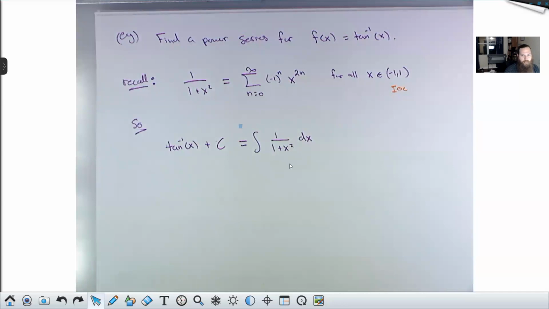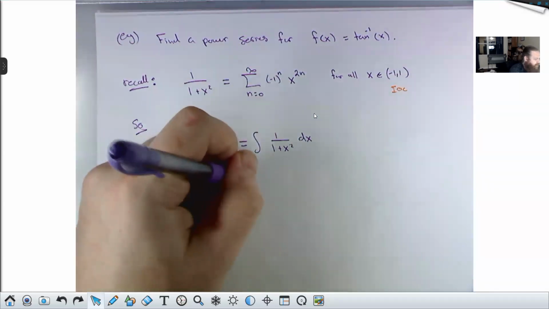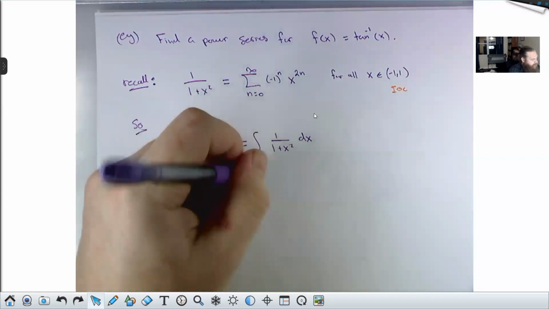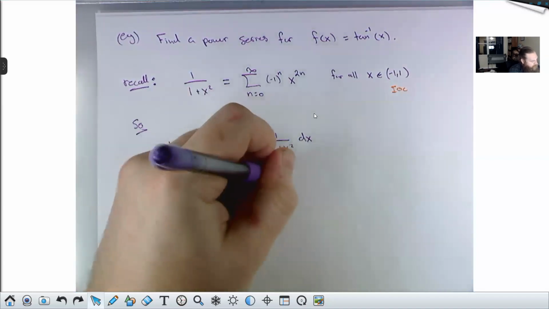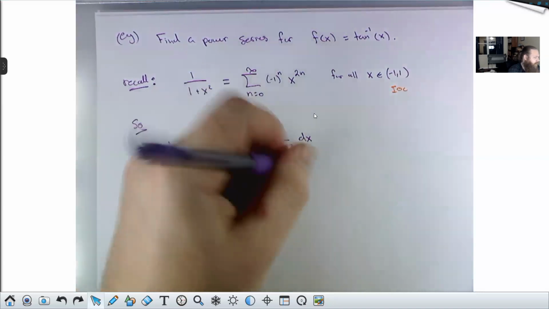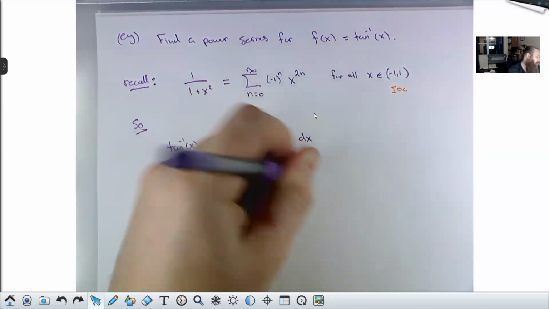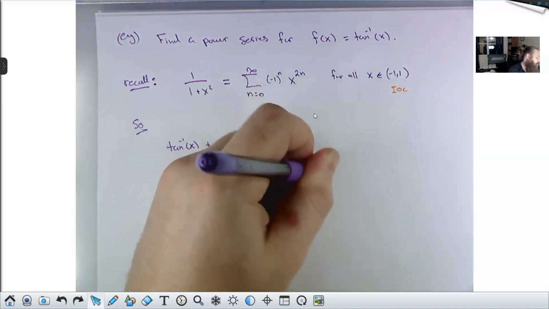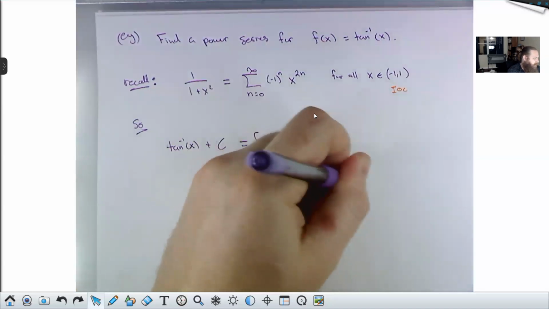But now I can perform the integral over here as the integral of this power series. And this is where it gets really good. This is the integral of sigma n from 0 to infinity, -1 to the n, x to the 2n dx.